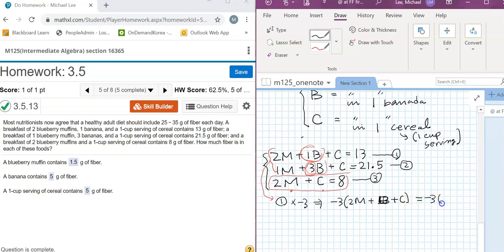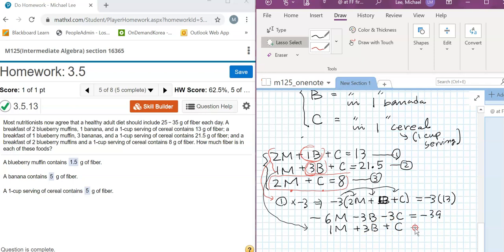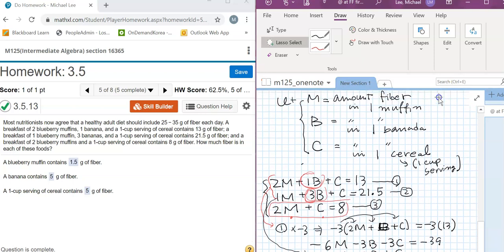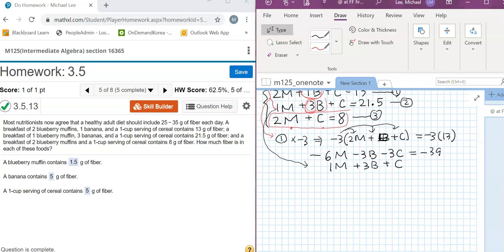Equal negative 3 times 13. I multiply both sides by negative 3. So it's negative 6m minus 3b minus 3c. You distribute. That's what I'm doing. Equals negative 39. Now, I write this equation 2 underneath. 1m plus 3b, since I want to cancel this b, equal to 21.5.